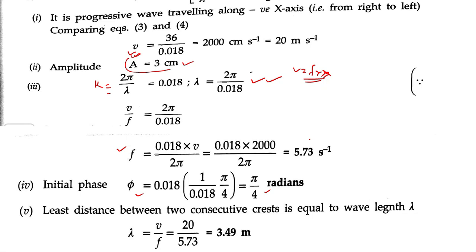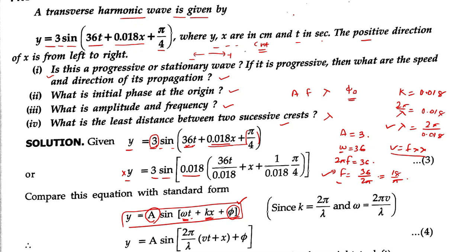Another part of the first question: it is a progressive wave traveling along the negative x-axis, from right to left. If the equation has omega t plus kx, it moves in the negative x direction.